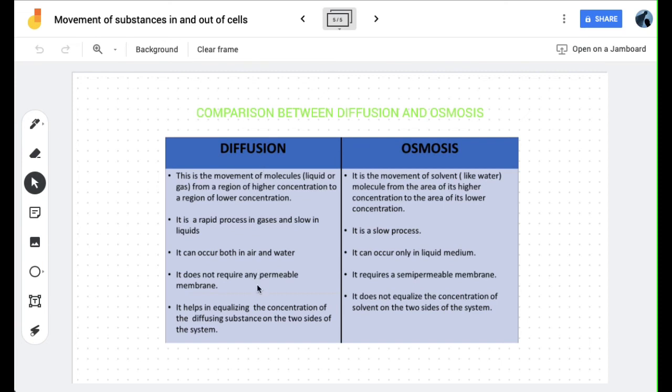Diffusion, as I mentioned earlier, does not require any permeable membrane, while osmosis requires a semi-permeable membrane to occur. And last but not least, diffusion helps in equalizing the concentration of the diffusing substances on two sides of the system, while osmosis does not equalize the concentration of solvent on two sides of the system.